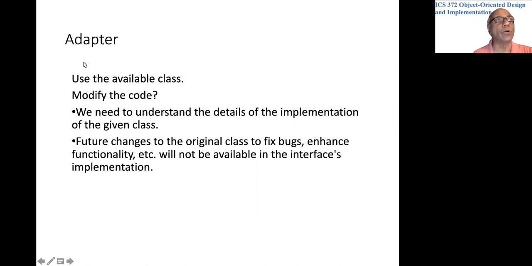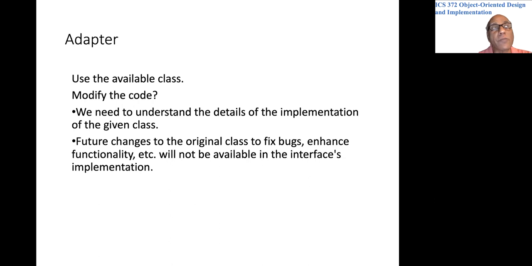So the adapter design pattern uses existing code, but we don't want to use the source code. For example, you did not copy the source code of java.util.LinkedList. You use that class, the bytecode that we have in the library. If you use the source code, you'll have to copy all that stuff into our project, and then we probably will need to understand what is going on in the code, which is very difficult.